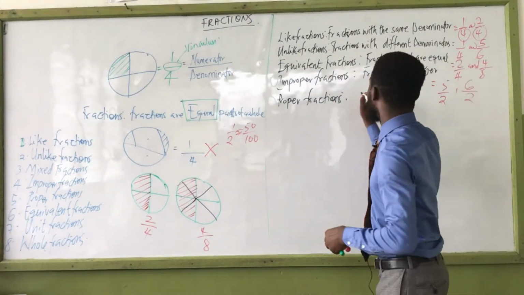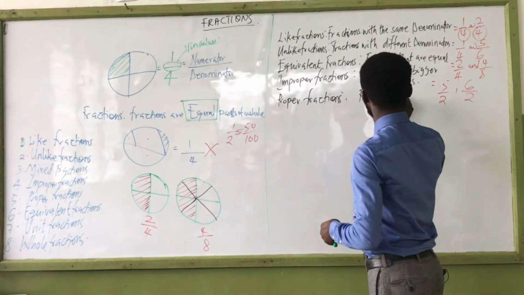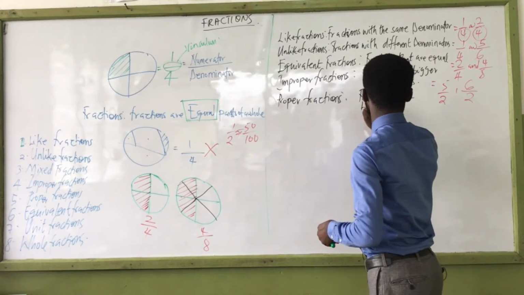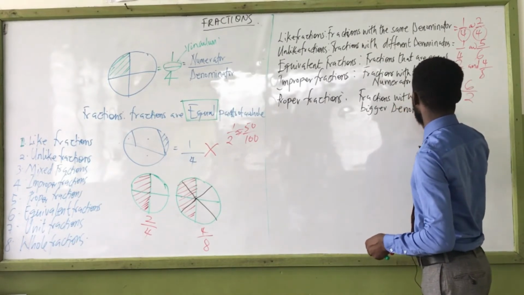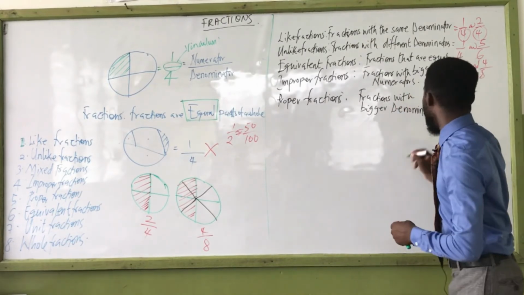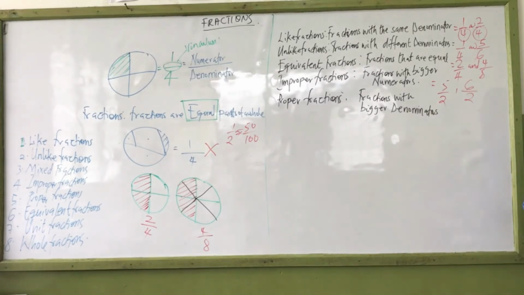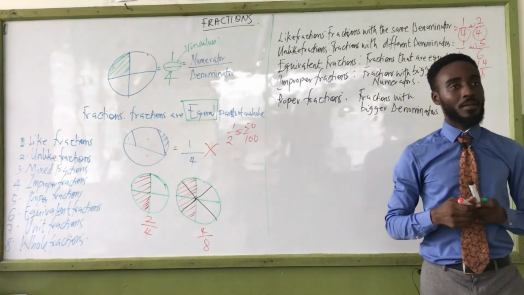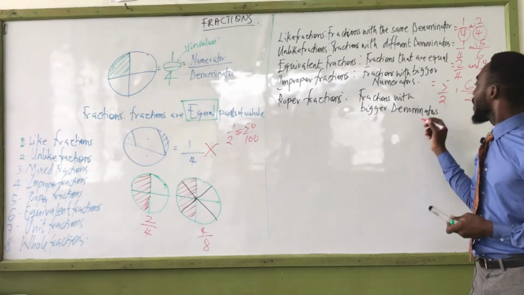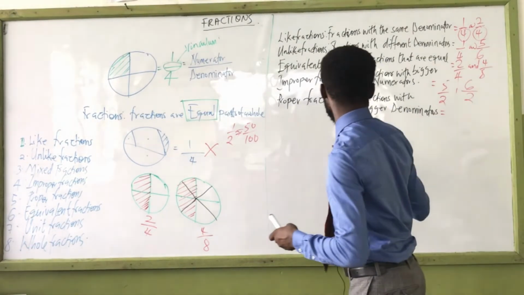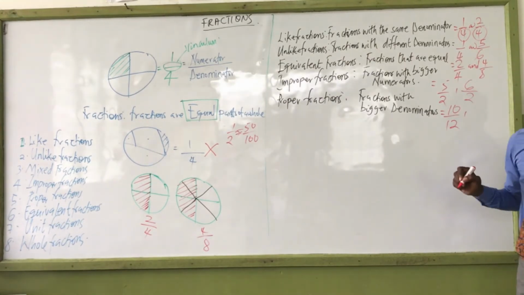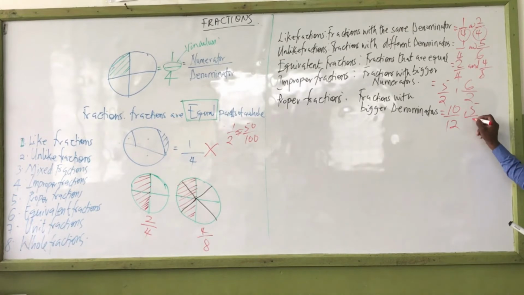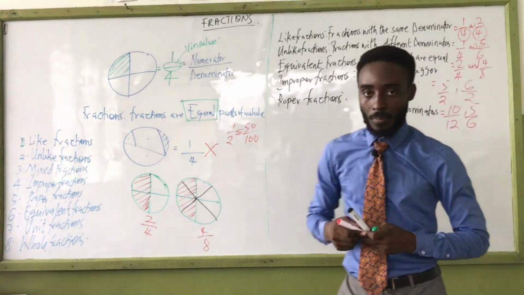Fractions with bigger denominators. Example would be 10 out of 12, 5 out of 6. Okay. Next one.